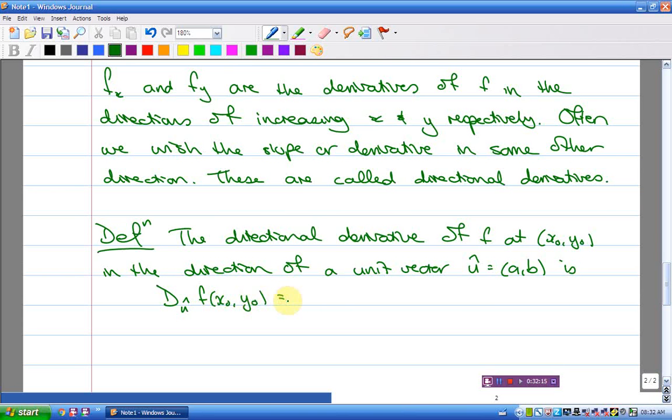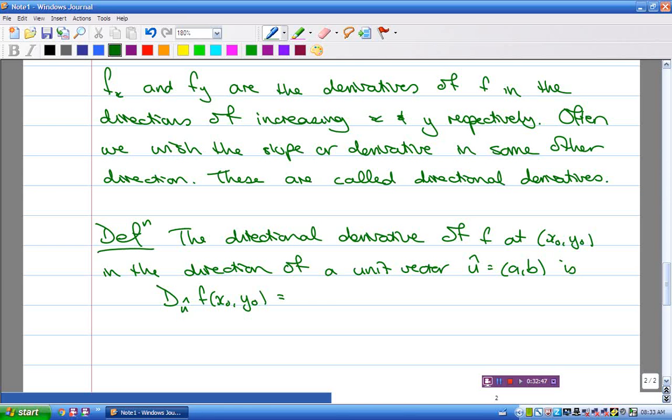Now, before I even write anything on the right, let's just talk about that notation. The big D is for derivative. It is one of the standard global notations for derivative. And then that little u hat down there is a sort of subscript. That's saying the direction we want to move in. The f is the function, and the x naught, y naught is the point at which we're interested. So there's a lot of information packed into that small bit of notation.